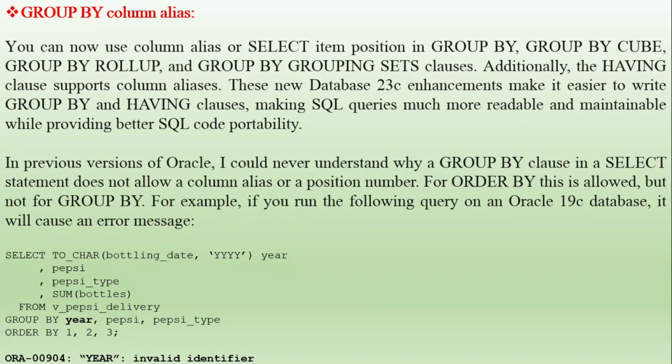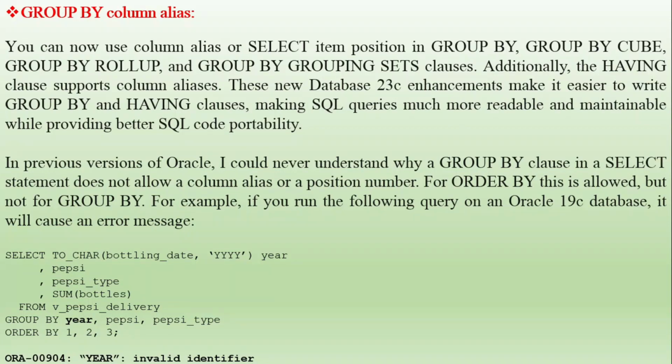In previous versions of Oracle, we could never understand why a group by clause in a select statement does not allow a column alias or a position number. For order by this is allowed, but not for group by in a select statement. For example, if you run the following query in Oracle 19C database, it will throw an error as below.